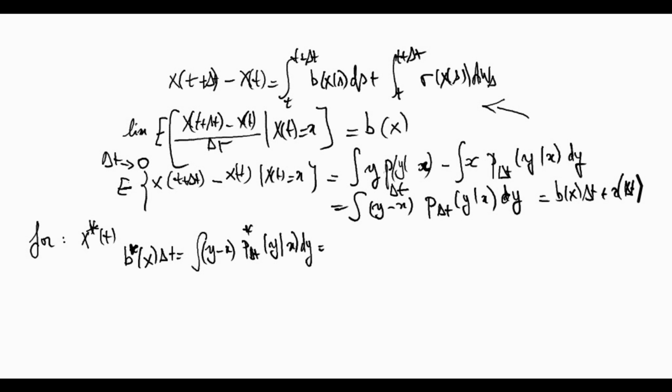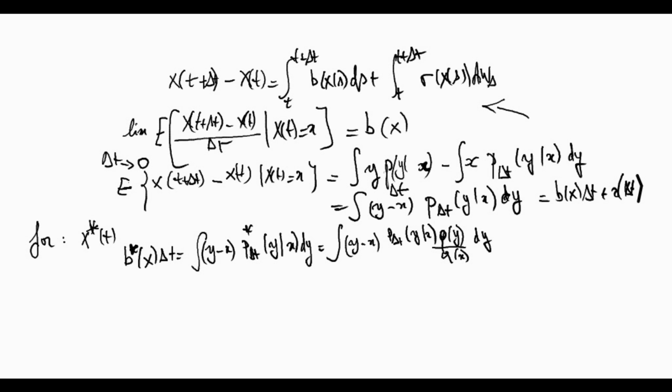And now if we replace this by the expression for p star, this is simply y minus x, p delta t of y conditioned on x, multiplied by q of y divided by q of x, and this is dy.